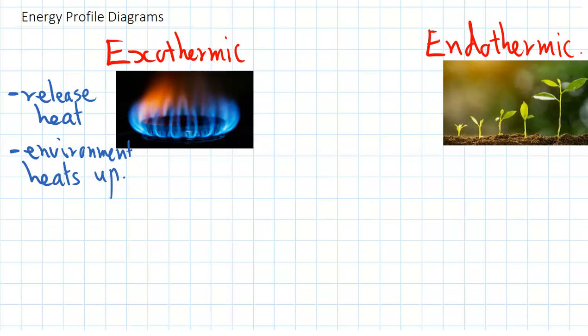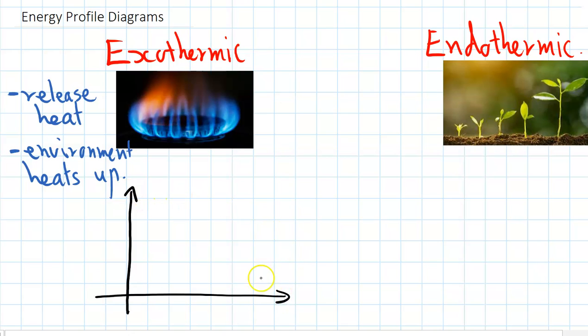Okay, well, let's look at how we draw an energy profile diagram. So an energy profile diagram is a graph. So we'll start off by drawing our two axes. We only need the positive part of the axes though, so we'll draw the positive sides a lot longer.